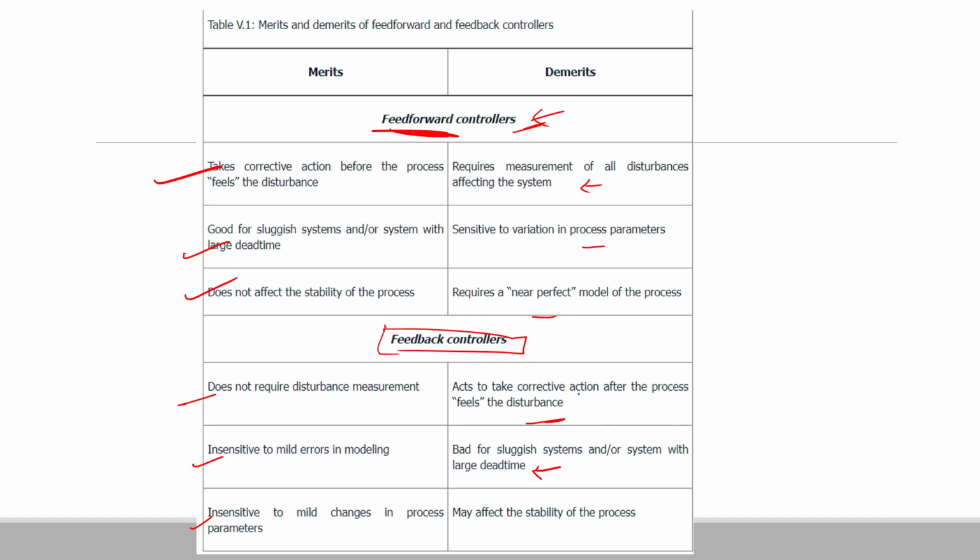Only then will it take control action. That is why if the system is very sluggish, there will be a large delay in the controller action, which might affect the product quality or the process performance. It may also affect the stability of the process.